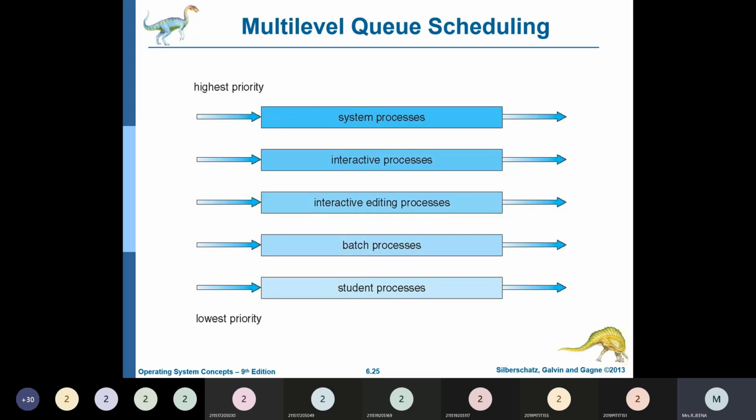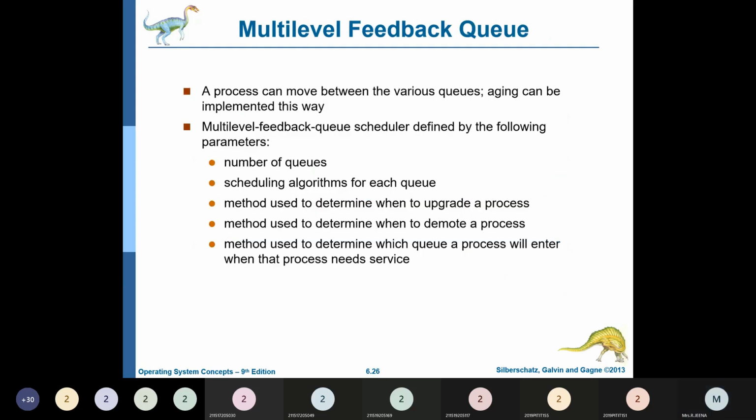So the system process takes the highest priority, the student process has the lower priority. When the system process queue gets empty, it will move to the interactive processes. When the highest priority gets empty, it will go to the next.